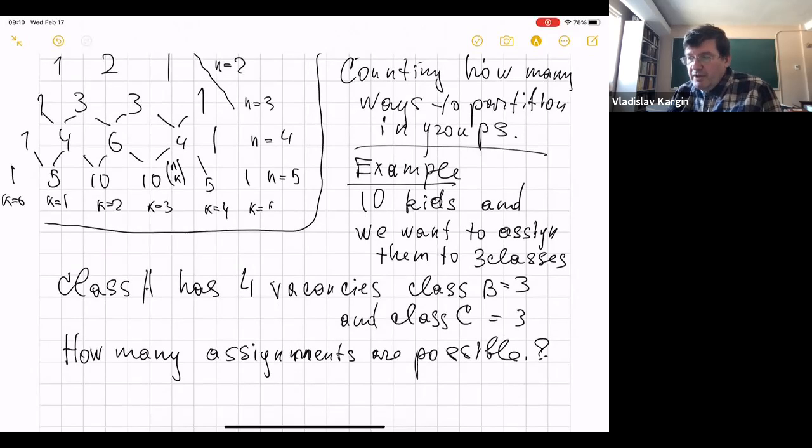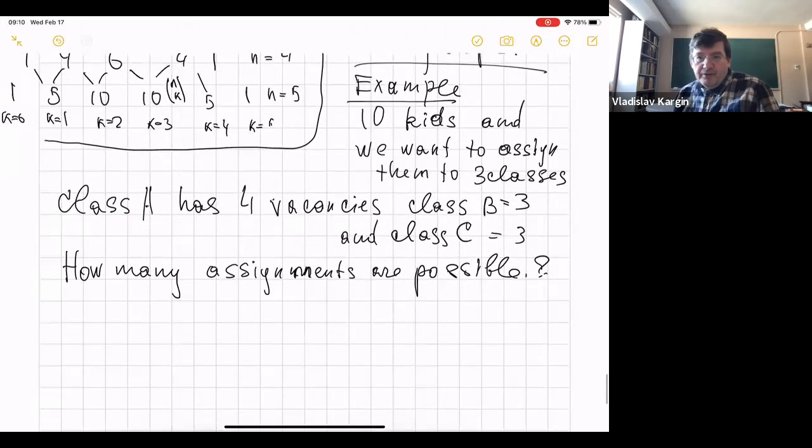Right, and now here's a procedure for how to do this assignment. We can number the kids and line them up.